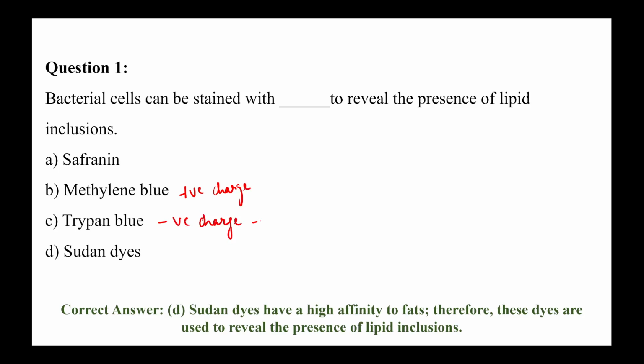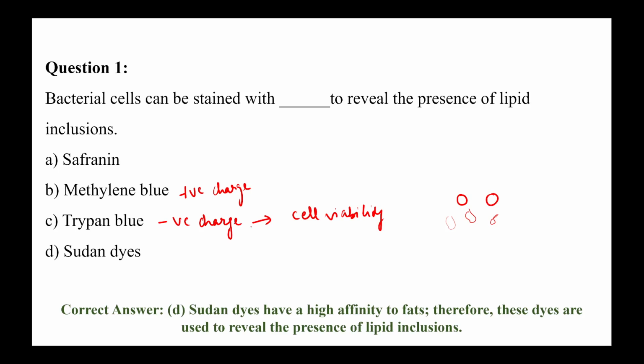Trypan blue is generally used for checking cell viability. How do we check cell viability? Let's say I have a mixture of live cells and dead cells. The dead cells will lose their shape, and the cell wall or the cell membrane of the dead cell won't be intact.